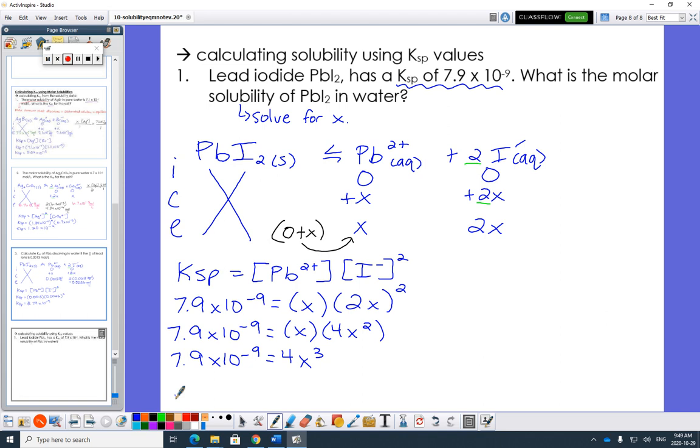You can do this math all as one step in your calculator too. But again, if you don't have a good relationship with your calculator, I would do it in steps. Okay? So you divide by 4 first.